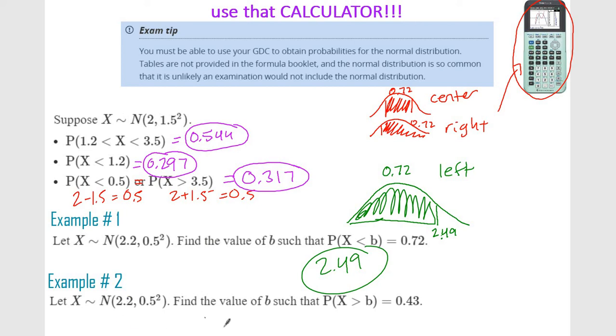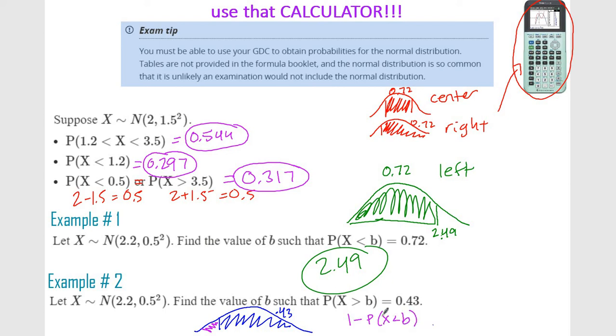For this one, we want to find the value of b such that b is greater. So we want it on the right-hand side. We want it to be this, is 0.43. So what I'm actually going to do is find this value and do 1 minus that probability.